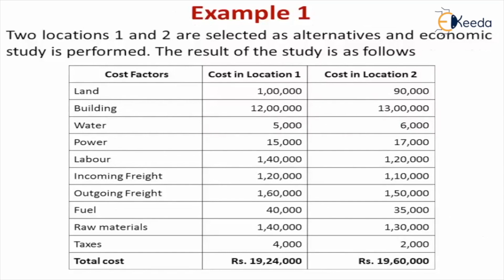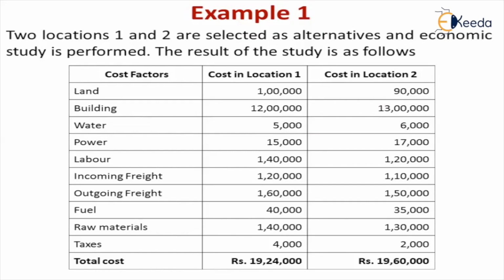So there is a list of cost factors like land, building, water, power, labor, incoming freight, outgoing freight, fuel, raw materials, taxes. The corresponding cost in location 1 and location 2 is given. So the overall cost for establishing that particular industry is given.